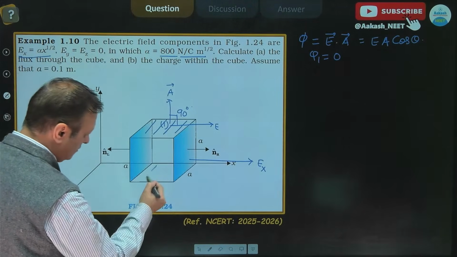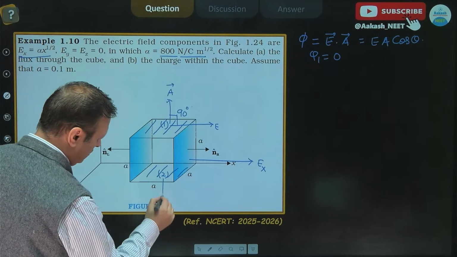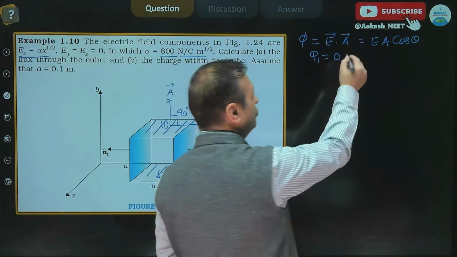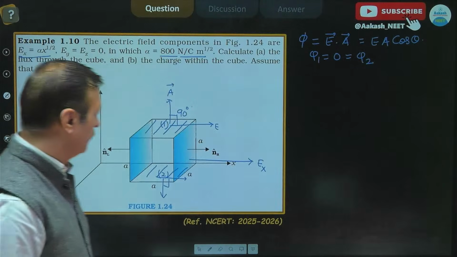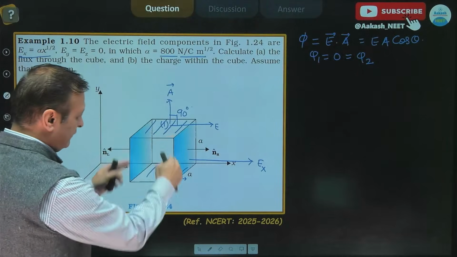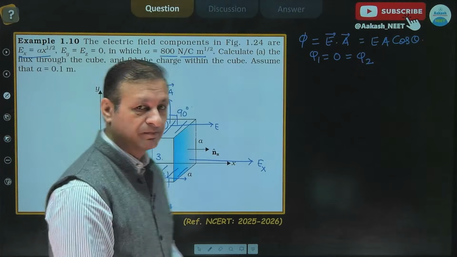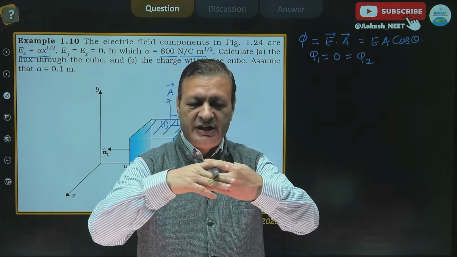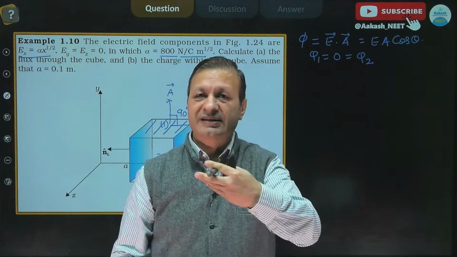If you look at this one, I label this part as 2, and this is the area vector, this is the electric field vector. So flux through surface 2 would also be 0. If I label this front part as 3, its area vector is radially outward and the electric field is still along the x-axis.